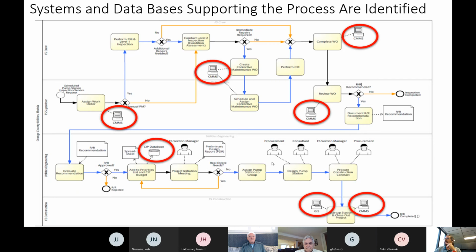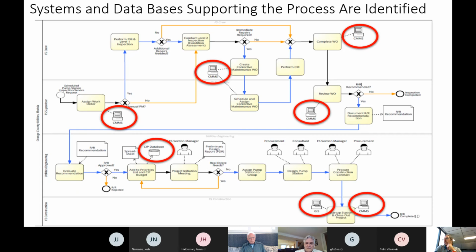Okay. And then where we have procurement and consultant, this is any input from groups outside of this swim lane. That's correct. Those little people icons are called additional participants. And they're very useful because the swim lane itself identifies the go-to responsible person.